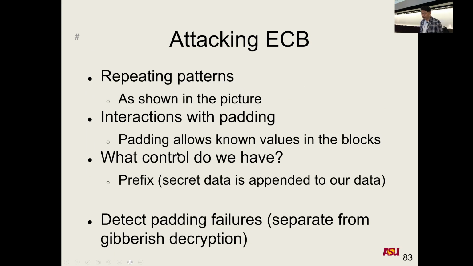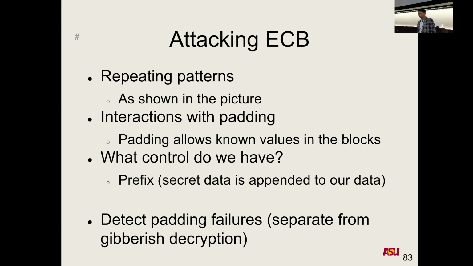So in attacking ECB, electronic code book mode, how can we attack? This is level 4 and 5. You have to have some background knowledge of them. So in attacking the ECB mode in AES encryption, we have several strategies, some exploits. The first one is repeating patterns.